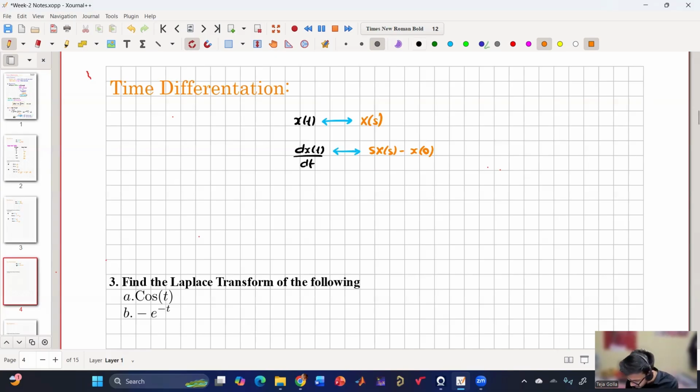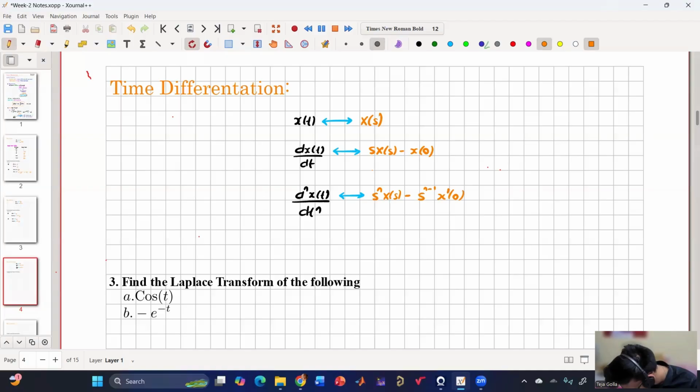Similarly, if we have nth differentiation, d to the power n, then we'll get s to the power n x of s minus s to the power n minus 1 into x dash of 0 minus s to the power n minus 2 x double dash of 0 minus, and so on, up to minus x to the power n minus 1 of 0.